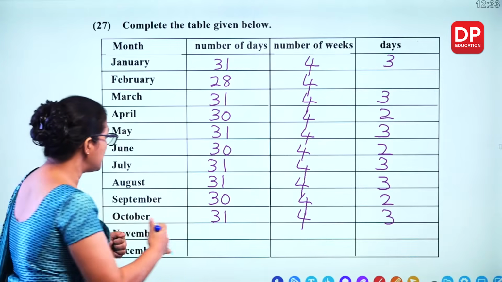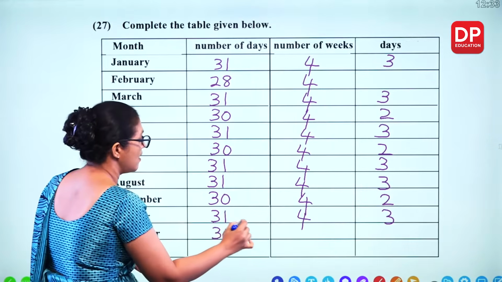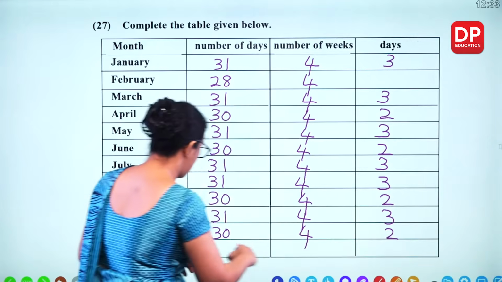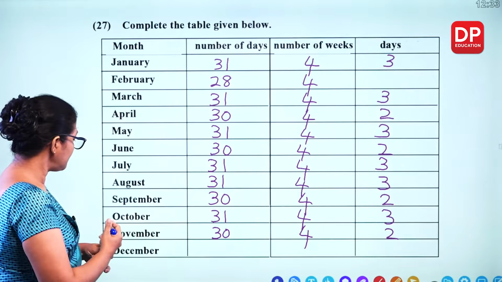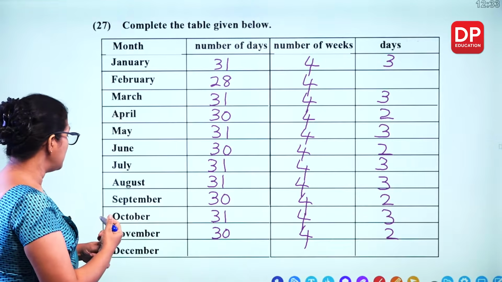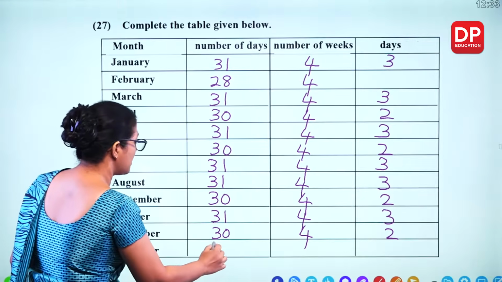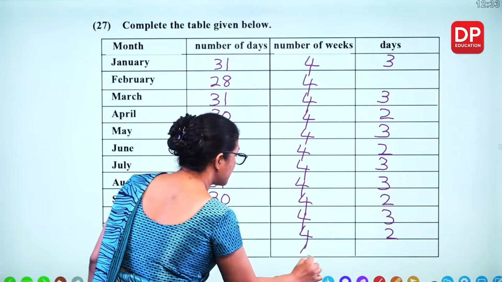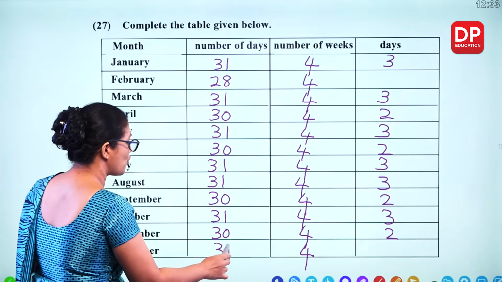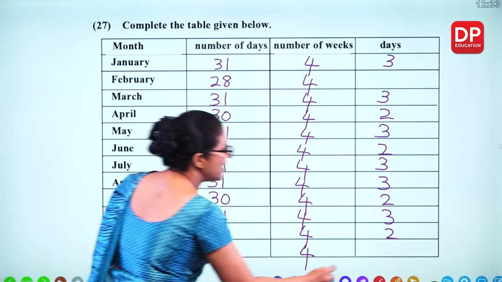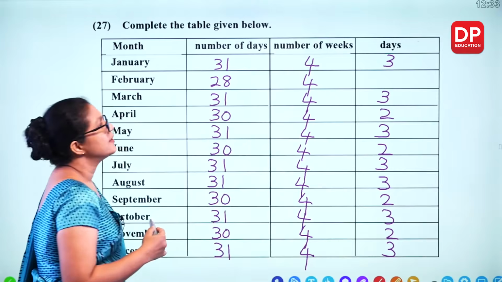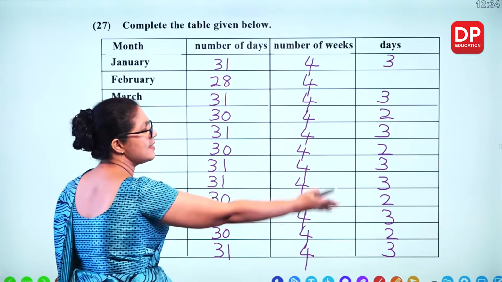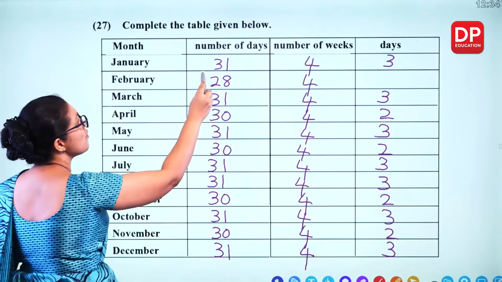November, again 30, 4 weeks and 2 days. Here December. December, you get 31 days, 4 weeks. 7 times 4, 28 and 3 remaining. So 3 days. So already we know each month normally has 4 weeks and extra days come because of the number of days here.